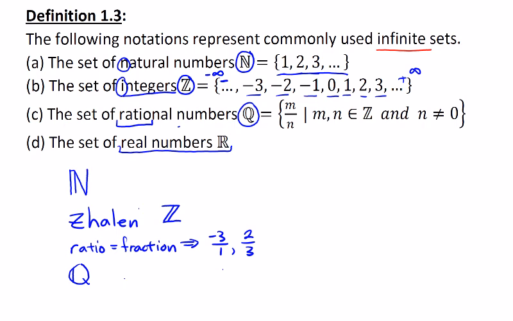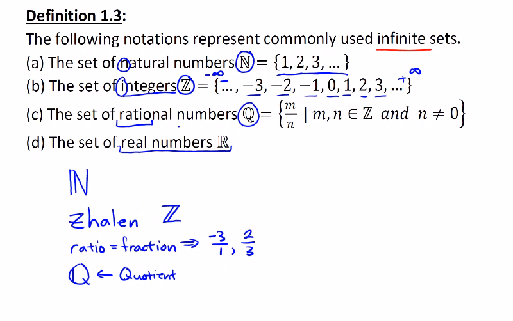Where the Q comes from is the word quotient, and the word quotient is often used for the division operation. And that's what a fraction is. A fraction is just a representation of division. So there's certainly multiple perspectives on this, but this is some of the background into why the symbols are the way they are. And then the last set that we're going to have is the set of real numbers.